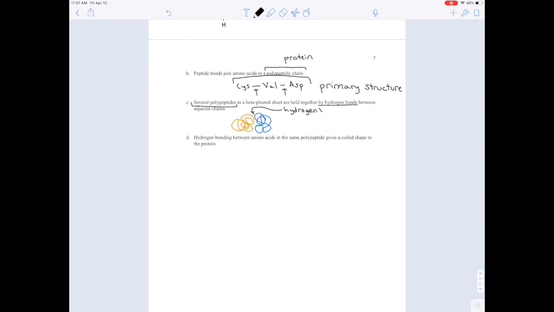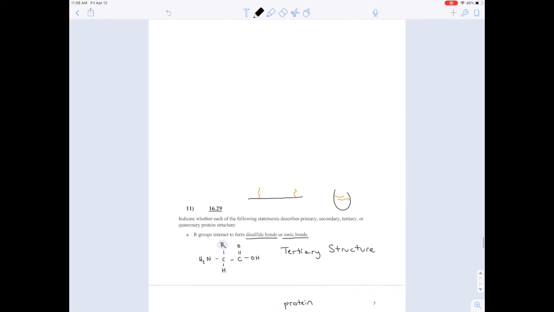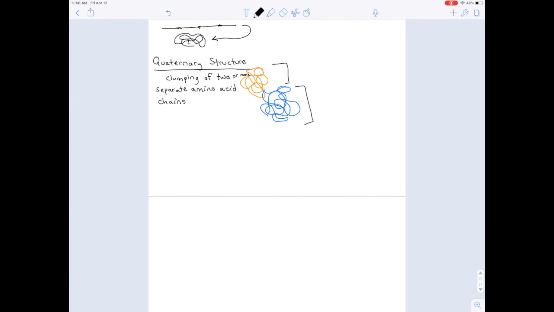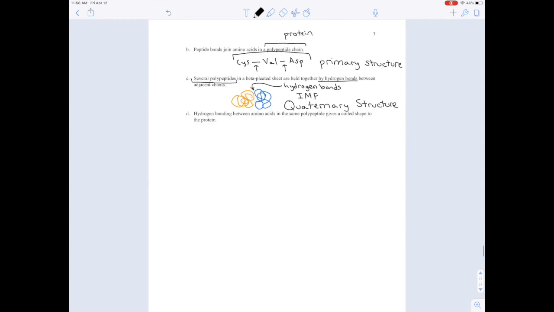They're 30 times weaker than a covalent bond. They're actually intermolecular forces. And so those are two chains that are sticking together without being covalently bonded together. And that is quaternary structure. If multiple chains are sticking together without being covalently bonded, that's quaternary structure.